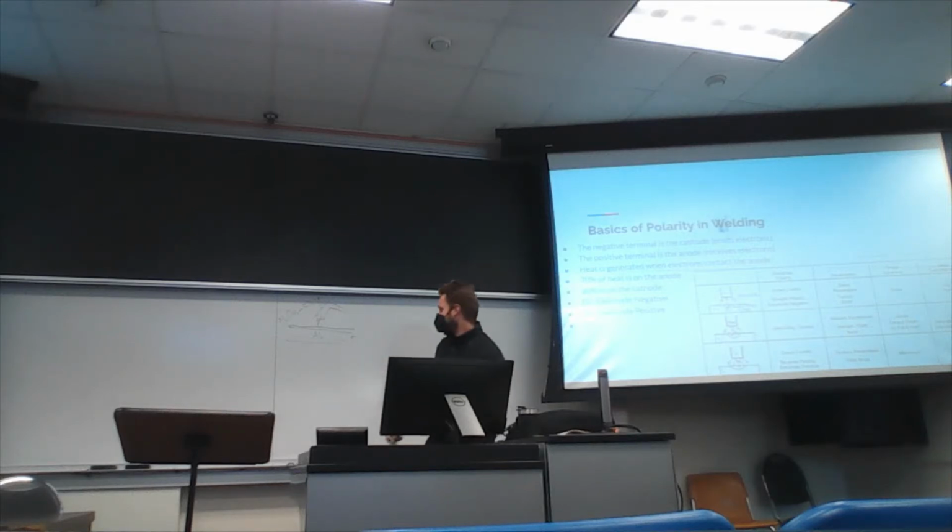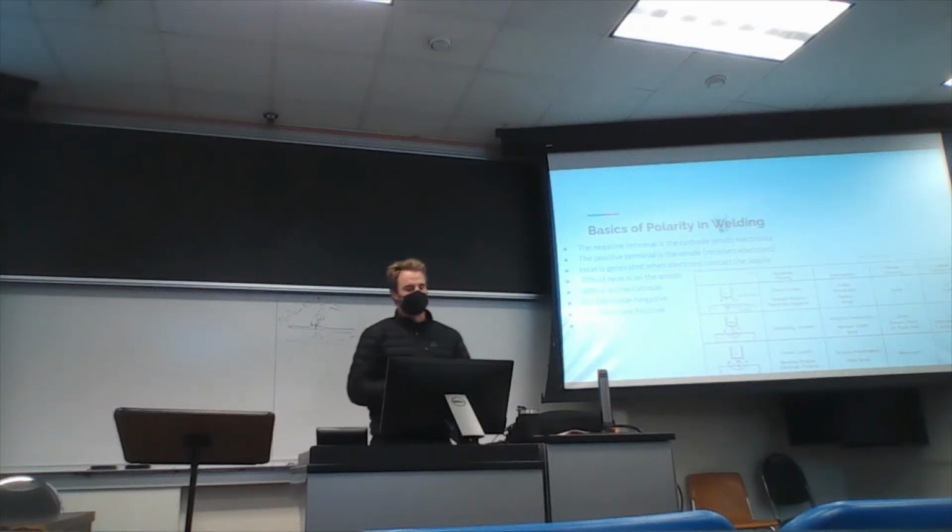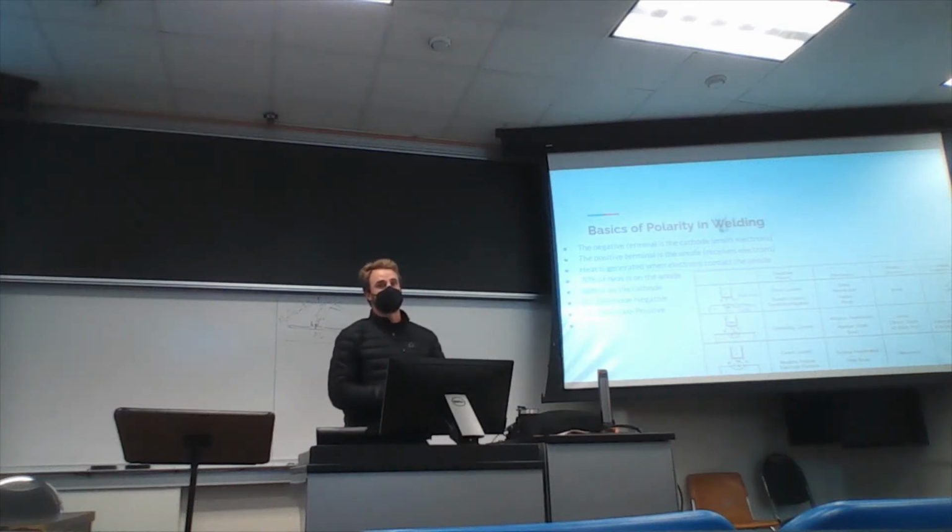However, the property that it does have is it will clean this oxide layer, which stops you from welding aluminum. So it's the cleaning cycle, and the electron flow is what causes it to be a cleaning cycle. As they leave the material, they break through the surface and they clean the oxide layer.